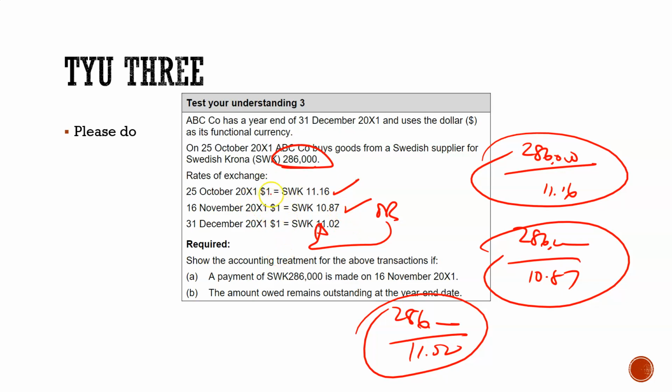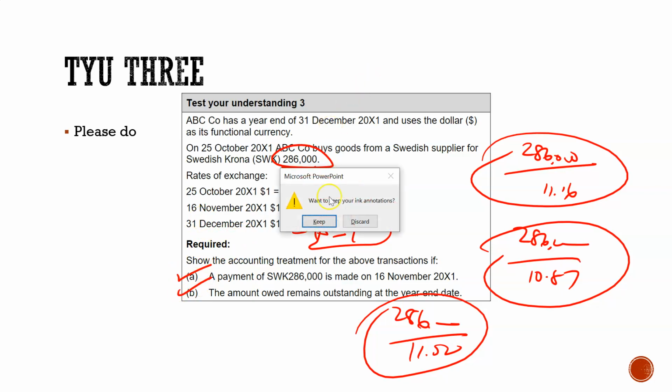You can see here that your dollar is getting you less Swedish krona than you initially had. So here you'd be recognizing overall a loss of some sort. But you can play around with this. It's just either A, pay, or B, wait till the end of the year.